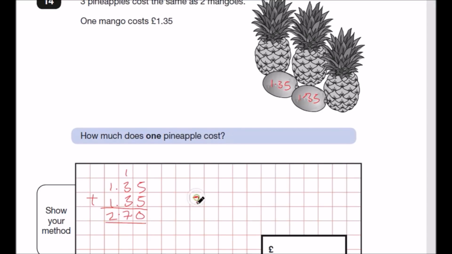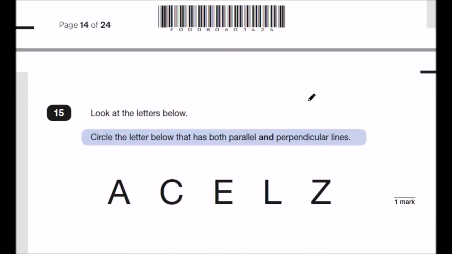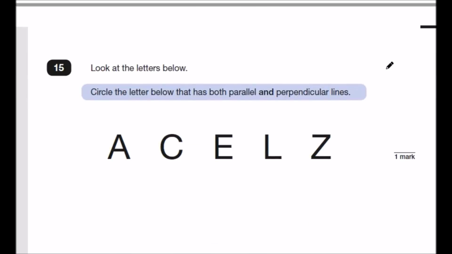Now dividing this by 3 will find the cost of a single pineapple. 3 into 2 goes 0 times, so you carry the 2, so it becomes 27. 3 into 27 goes perfectly 9 times with no remainders. That means 3 into 0 is 0. So each one costs 90p. So in pounds it will be £0.90, so 90 pence. Cool.